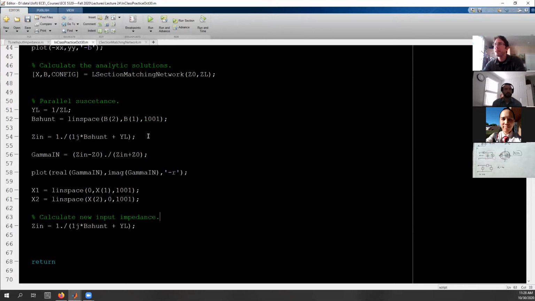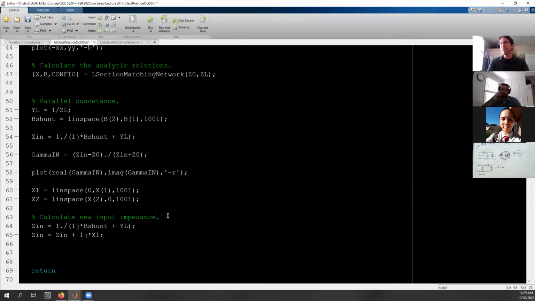Okay, so what we have here, this is with the shunt added, but now I'm going to add the series impedance here. So it's just going to be Zn plus j times X1, like that. So we got to be a little careful here, because this is an array now. So let's do this.